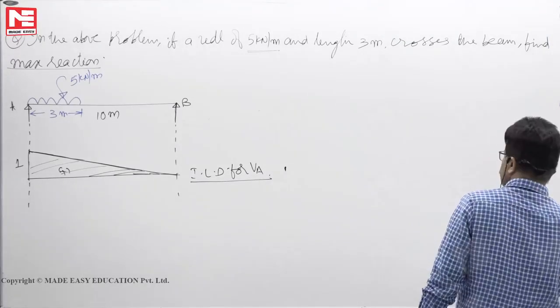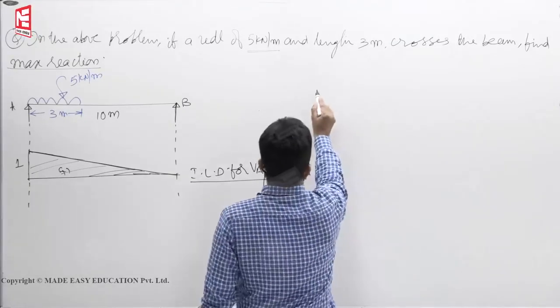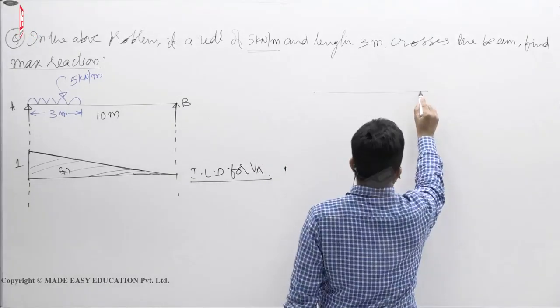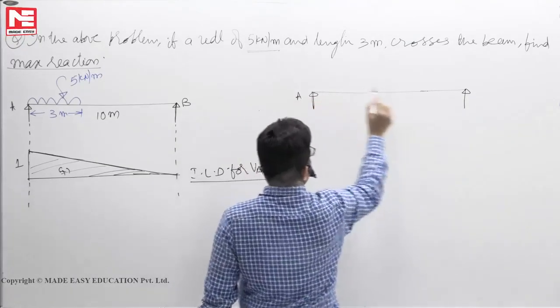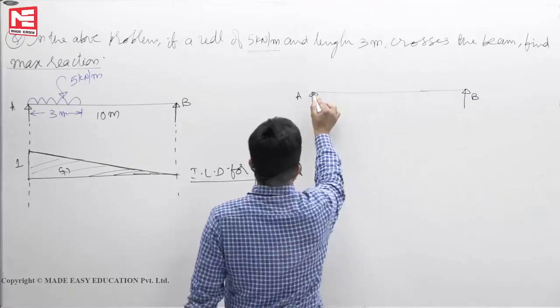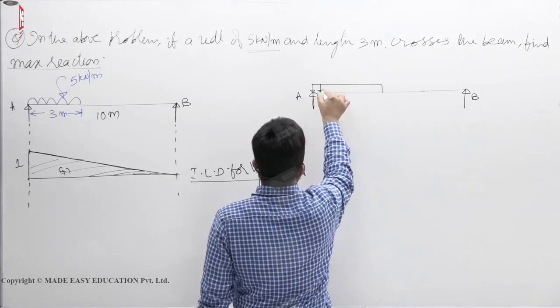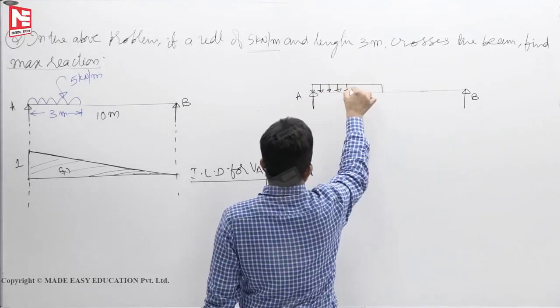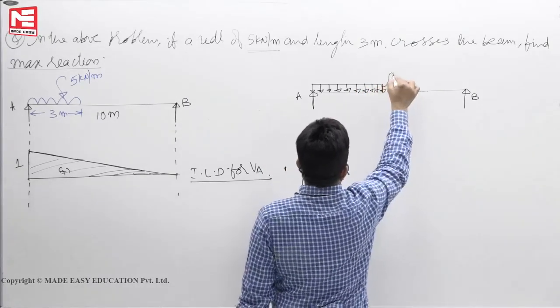In SM, this is what you have studied. Uniformly distributed loads are like this. A, B, let us say. Like this, we will show. A uniformly distributed load can be idealized as an infinite number of point loads.